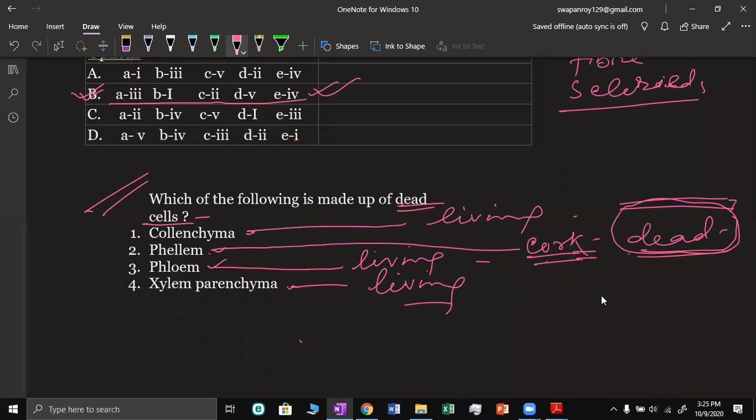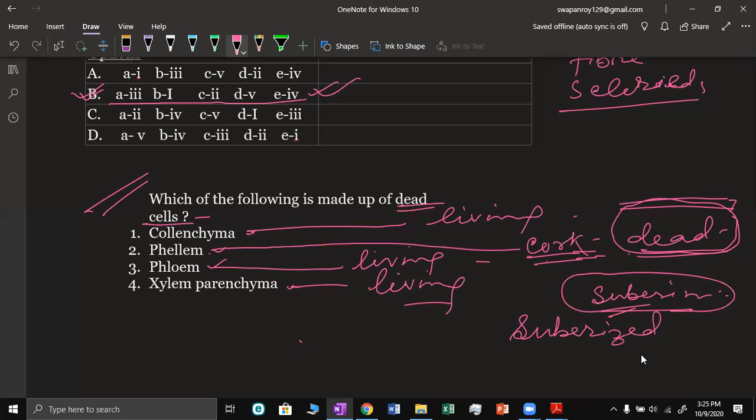Cork cells are produced, their cytoplasm is lost, and suberin is produced in their cell. Suberin deposit is there. So they are suberized cells. Cork is suberized and it is dead. So this one, option 2, phloem is the answer.